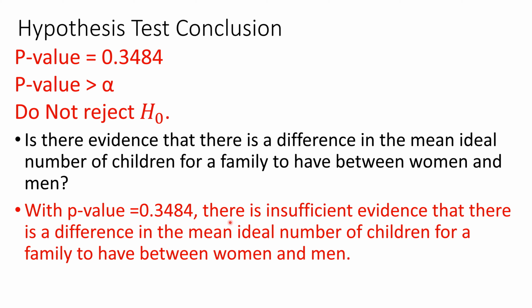So you can answer it professionally as: with p-value equal to 0.3484, there is insufficient evidence that there is a difference in the mean ideal number of children for a family to have between woman and man.